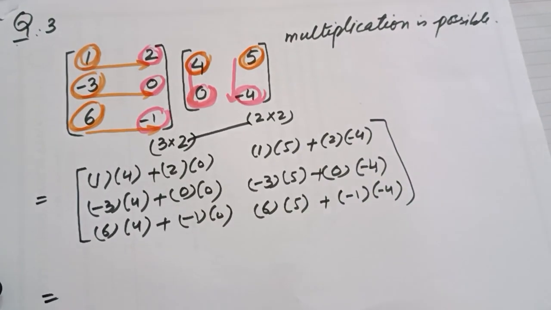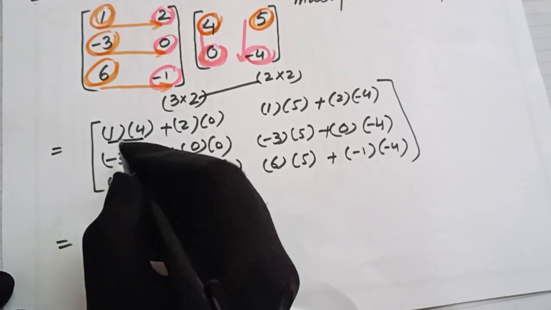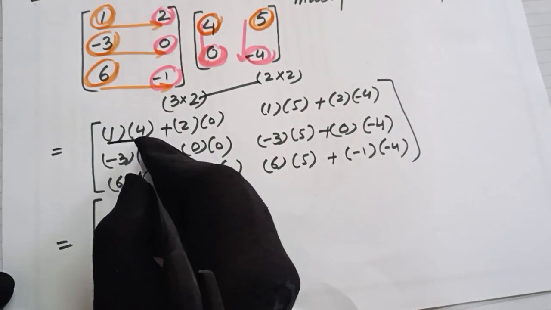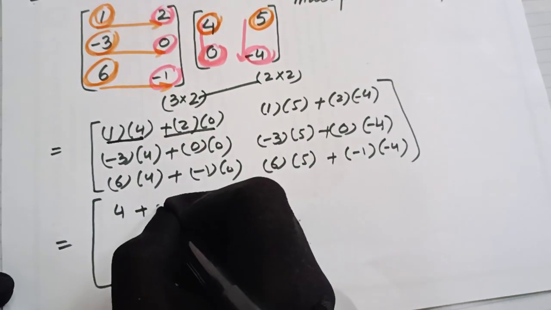Okay, now we will solve this one. Keep on solving. 1 4s are 4 plus 2 zeros are 0.